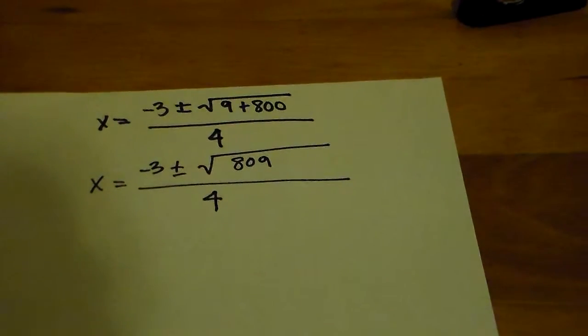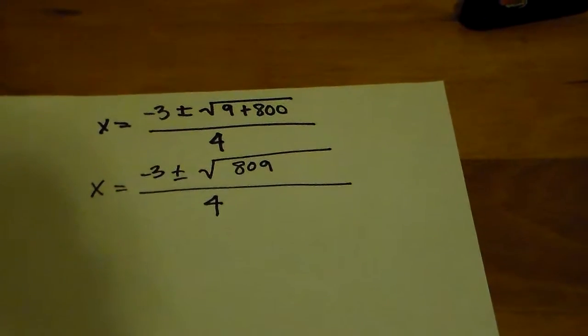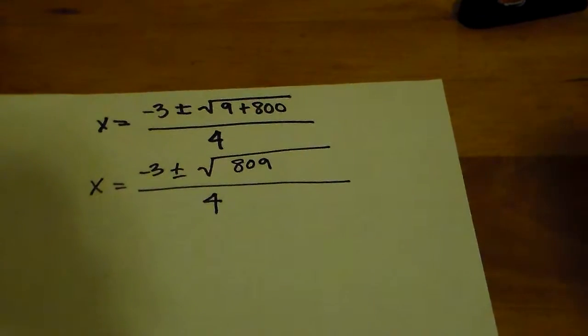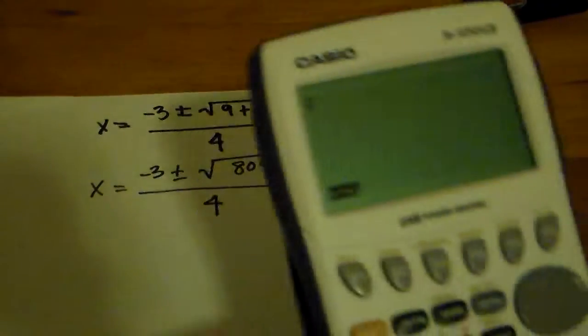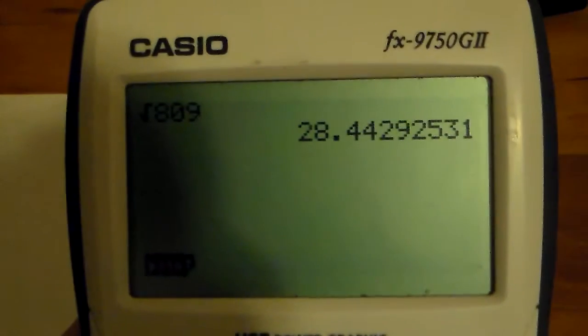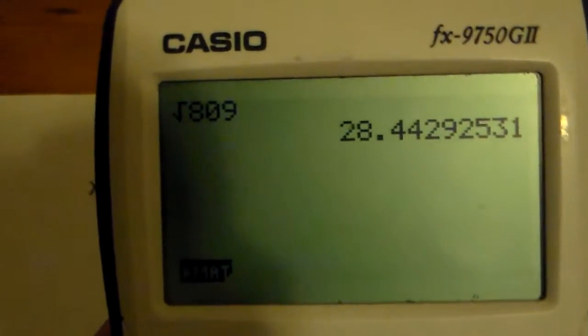Well, when I was figuring this out on my own, I found that 809 is not a perfect square. I'll even show you here. The square root of 809 comes out to an ugly number, so we'll just do 28.44.